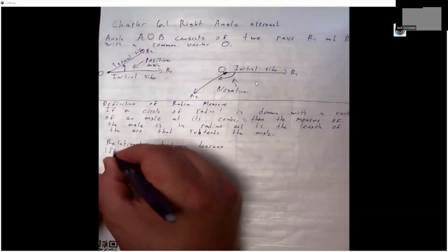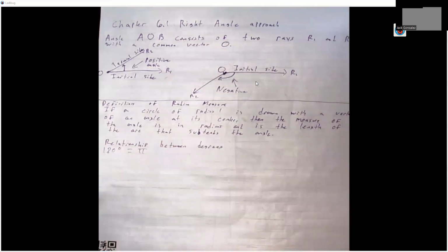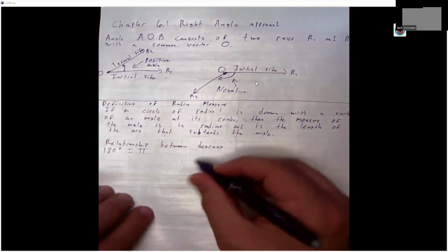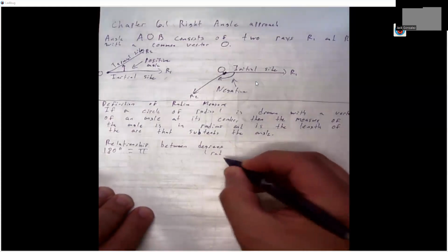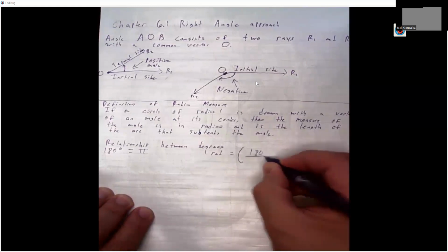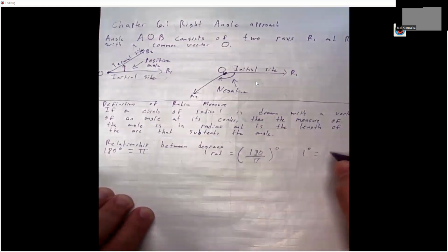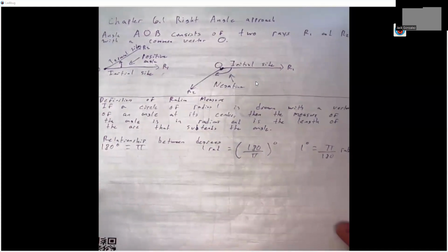But most of the time, if you're doing a real life problem, you have to convert. So we have to know that 180 degrees is pi radians. 1 radian, or 1 rad, is technically 180 over pi degrees, and 1 degree is technically pi over 180 rads. Okay.